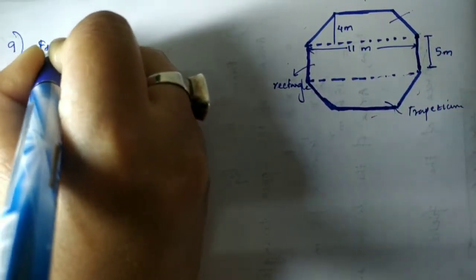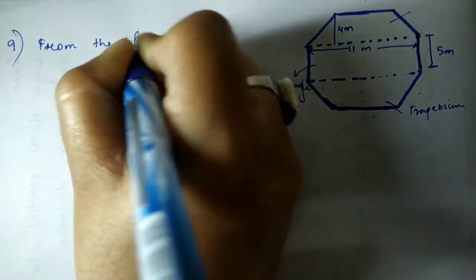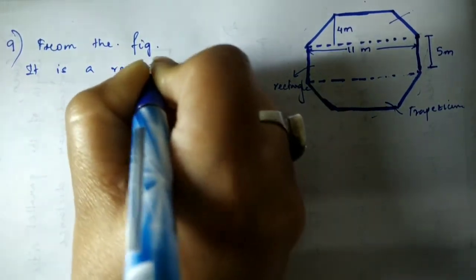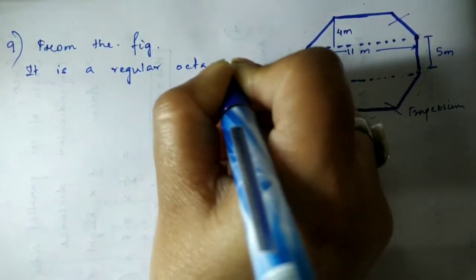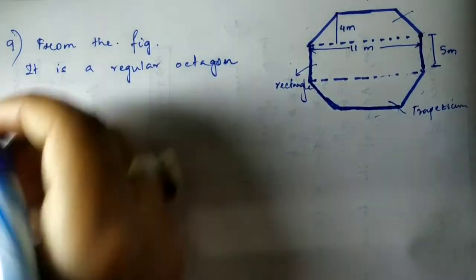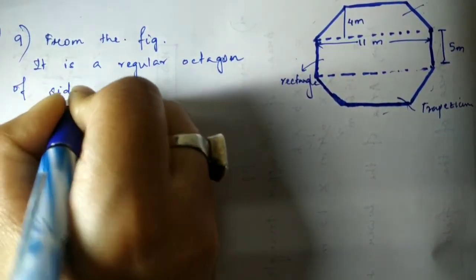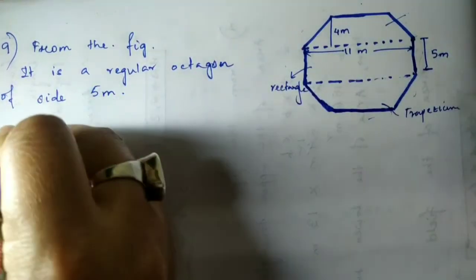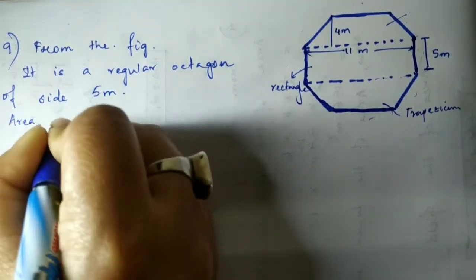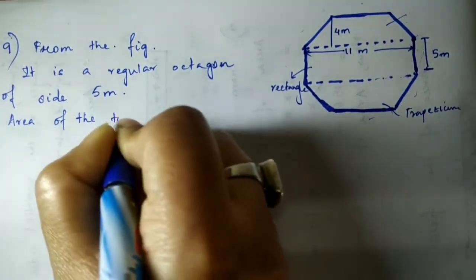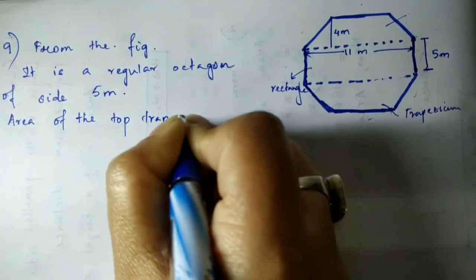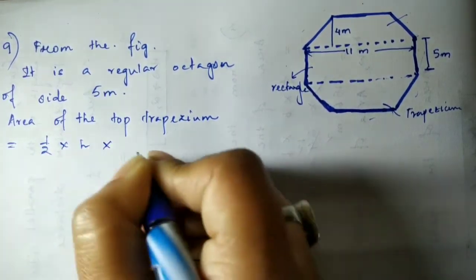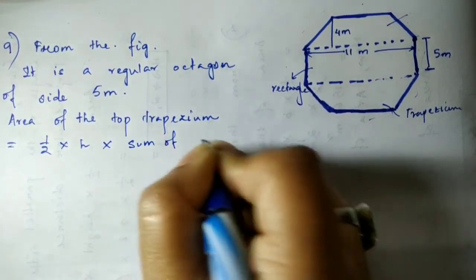Now let's see from the figure. I will not write each and everything. From the figure, it is a regular octagon of side 5 meter, that I will write here. Now the area of the top trapezium will be equal to half into height into sum of parallel sides.